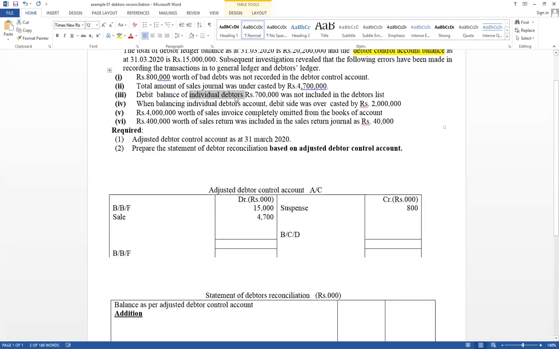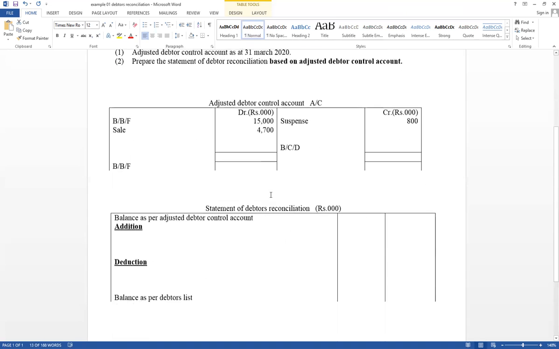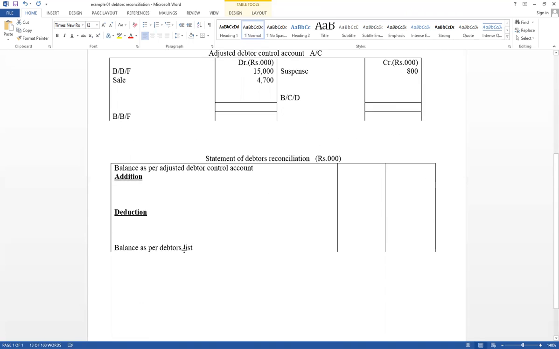Now think about the third one. A debit balance of an individual debtor, 7,000, was not included in the debtor list. As a result, the debtor list balance decreases. The debtor list balance decreases, therefore the closing balance decreases. This is the balance as per the debtor list. Here, the balance as per the adjusted debtor control account: the adjusted debtor control account closing balance would be included here as a balance.